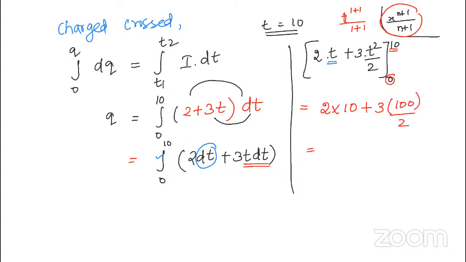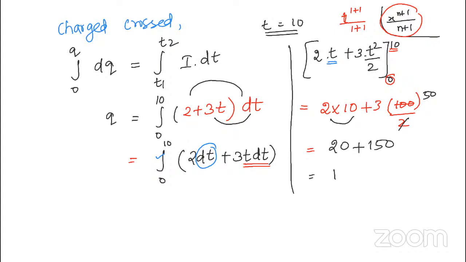So it is 20 plus, we can cancel here. This value becomes 50. 3 into 50 is 150.